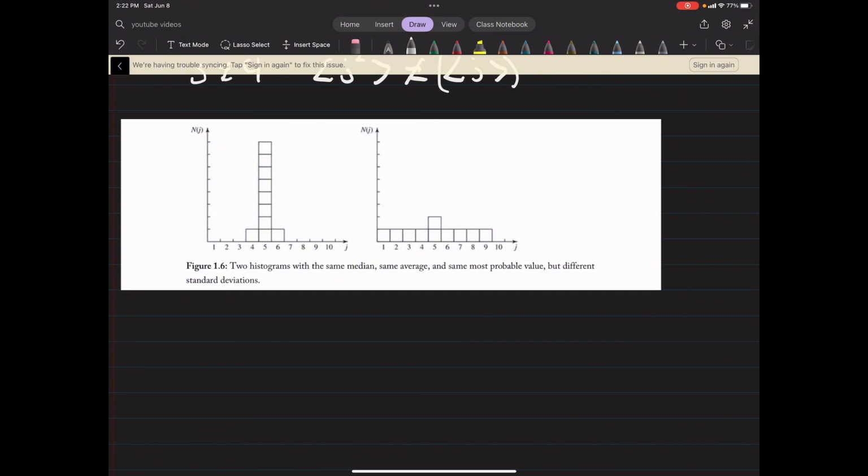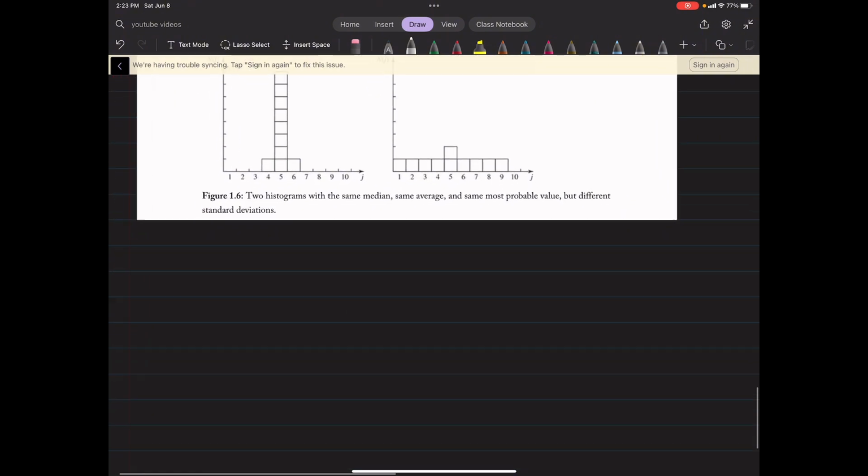The averages, it's all equal. But clearly these graphs are a little bit different. In the first graph, there's this very sharp peak at 5. And on the graph on the right, it's not as pronounced. So that leads to the motivation of defining the spread of the distribution. And that's kind of what we're going to get into now.